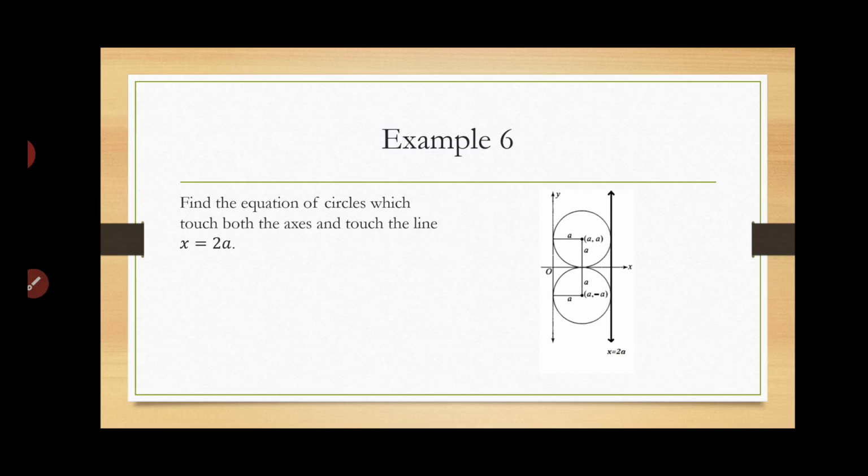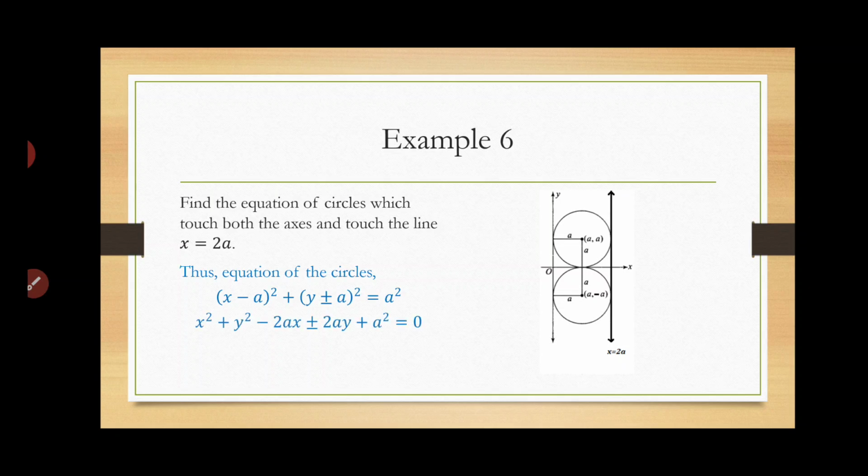So therefore what do we have? We have the center of the circle either at (a, a) or at (a, -a). So the equation of the circle has to become (x - a)² + (y ± a)² = a². Plus or minus just because it is either in the first quadrant or in the fourth quadrant. And a² means obviously the radius is a, so on the right hand side I have a².